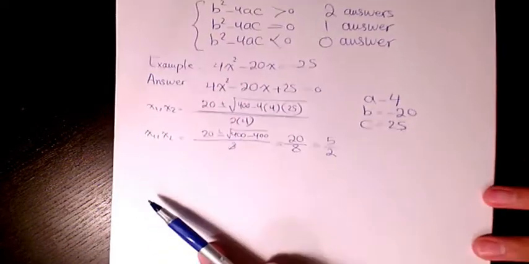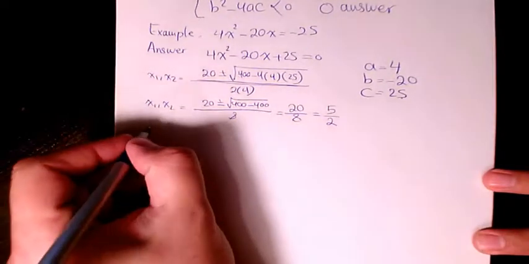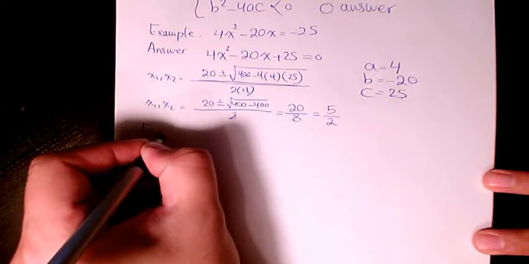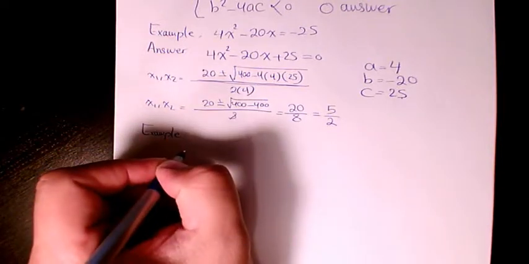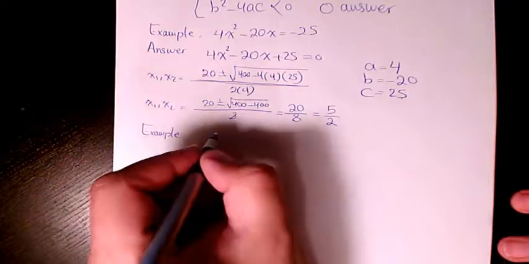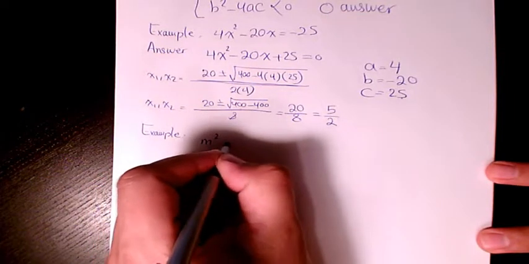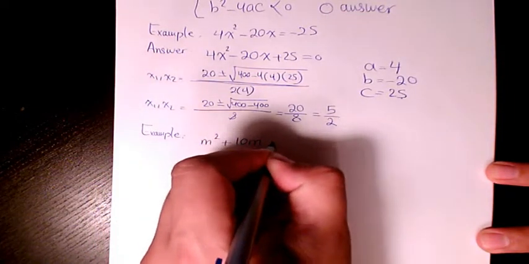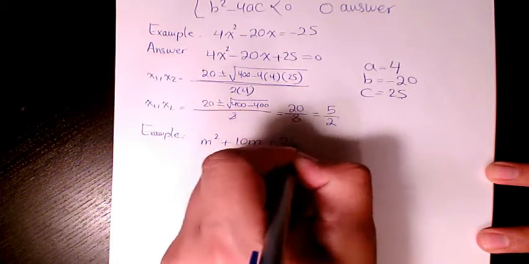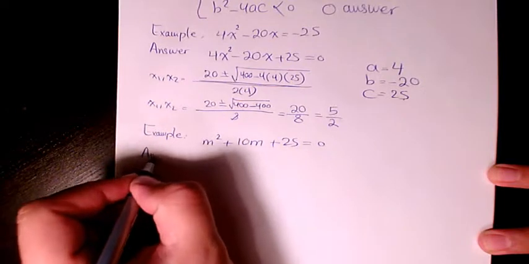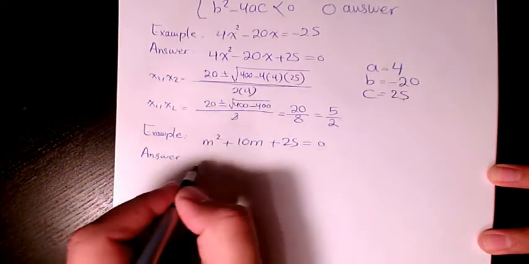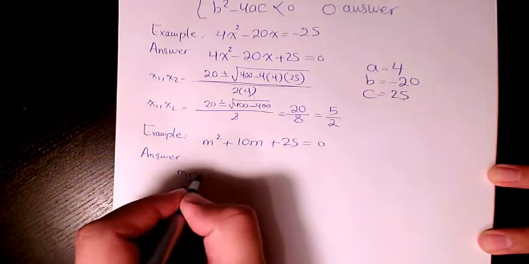Let me do another example. We have m squared plus 10m plus 25 equals 0. The answer is m1, m2.